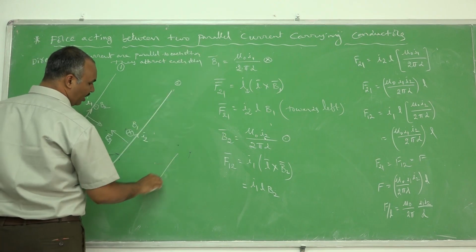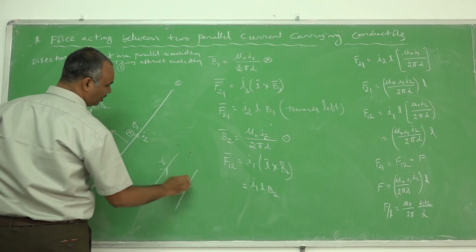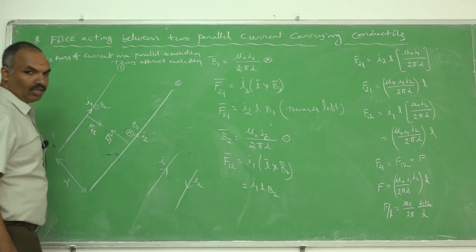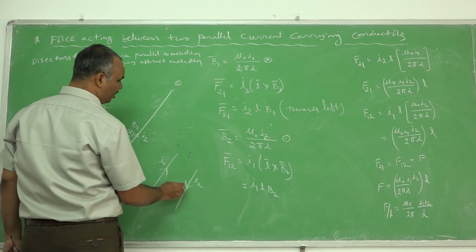Suppose the directions are anti-parallel to each other, like this, I1 is like this, I2 is like this, what will happen? Because of this I1, some magnetic field is developed into the paper.